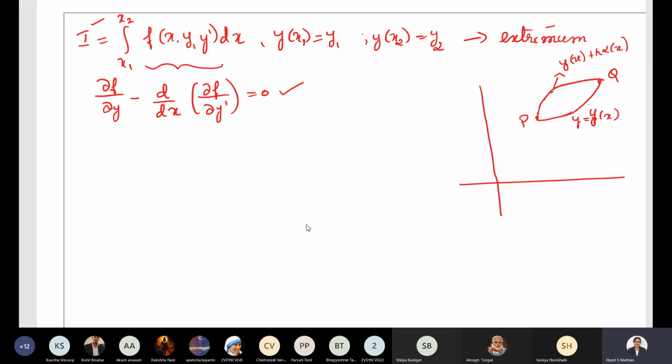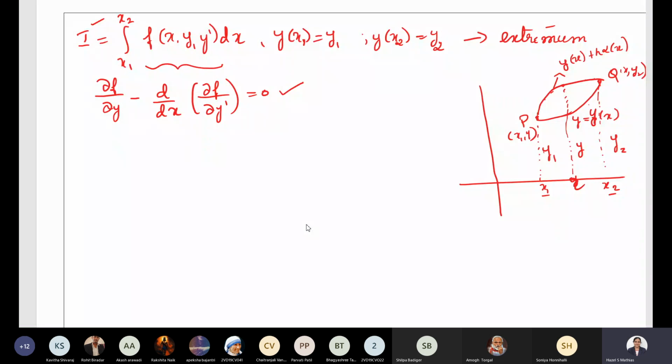Now suppose I consider the points x1 and any point over here, x, and let's take this as x2 because our integral varies from x1 to x2. Let's take this length as y1, this length as y and this length as y2. P will be x1 comma y1 and Q coordinates will be x2 comma y2. So this is just the figure.